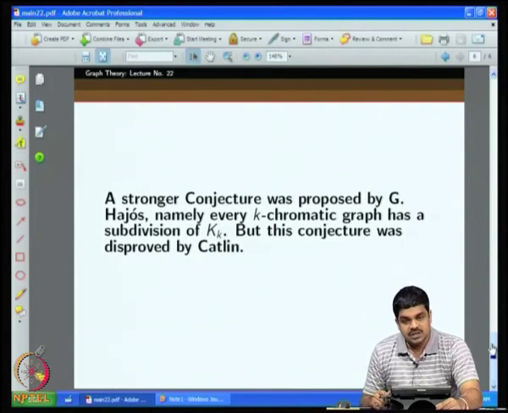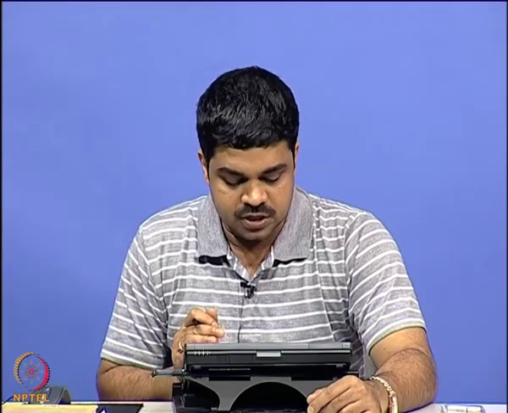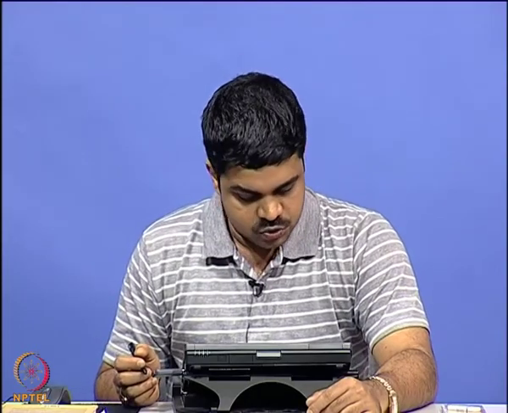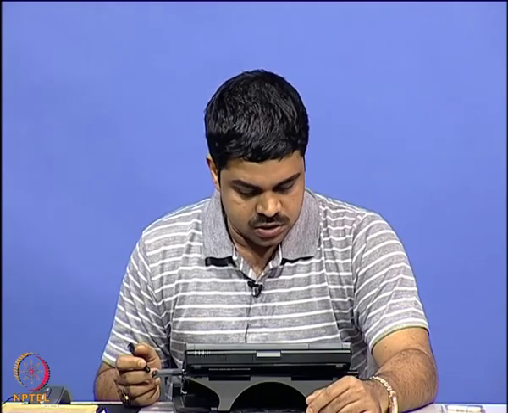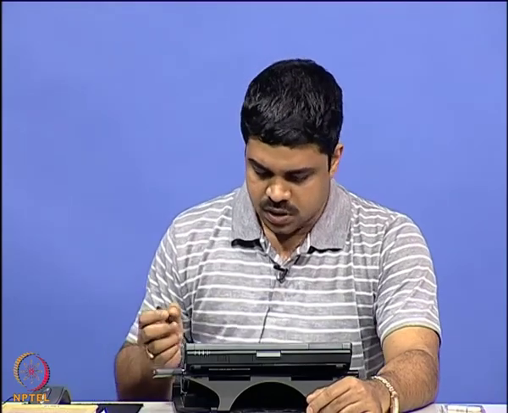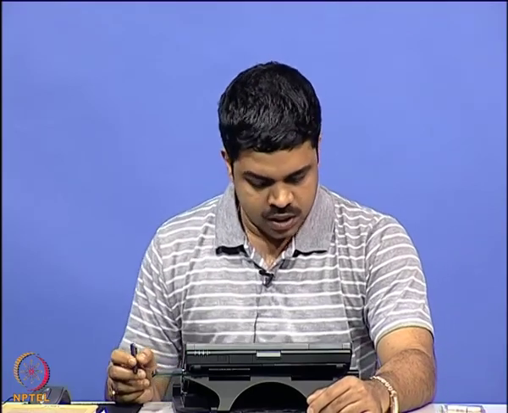In fact, using some probabilistic models which we haven't yet discussed, it can be shown that almost all graphs will be a counterexample to this conjecture. So, that is the story about the two important conjectures in graph coloring theory. That conjecture was disproved, end of case.